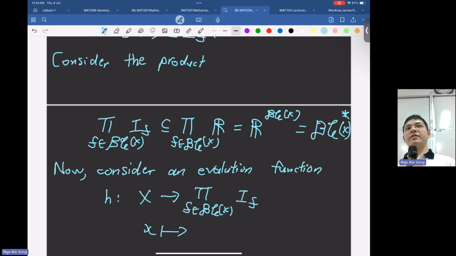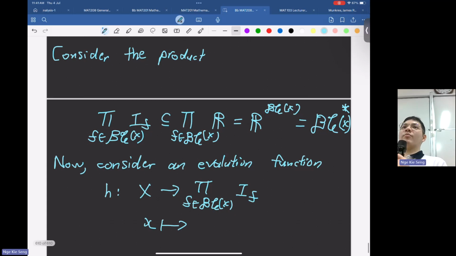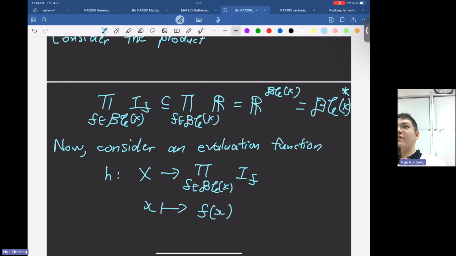How do you define this product? The product contains what? The image of X under all functions, right? So what can we do here? You have a point. I say this is evaluation, right? So what can you do? Yeah, you just take all the f and then evaluate it. This is a point in this product space. Does it make sense?